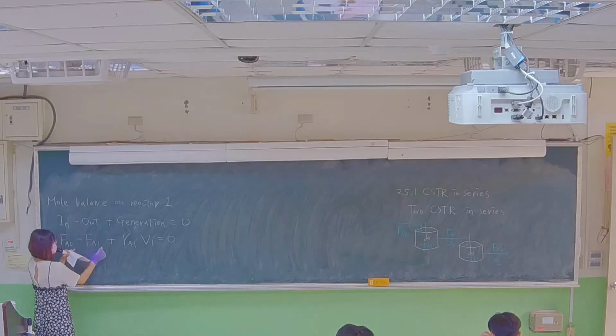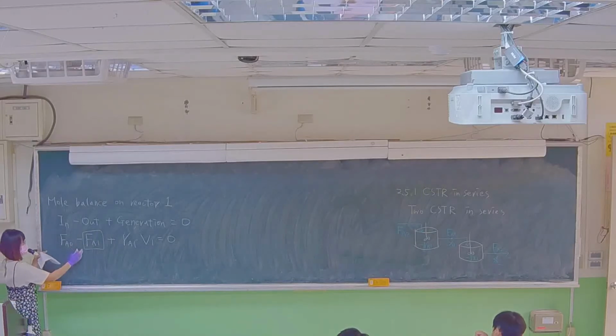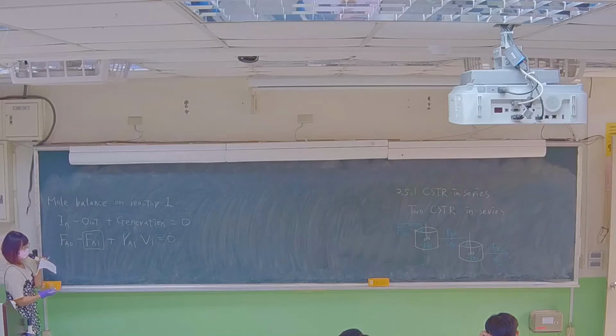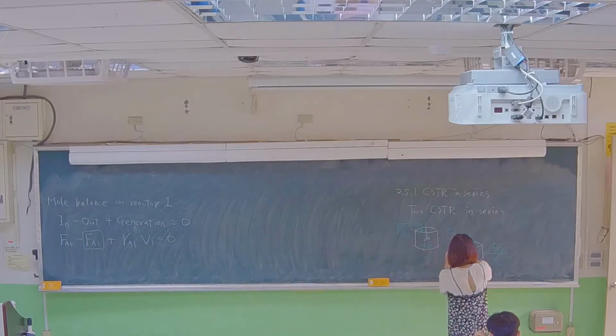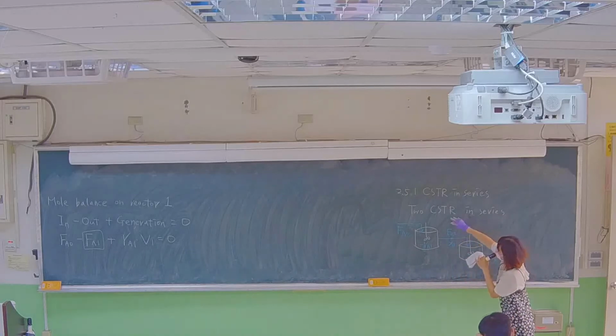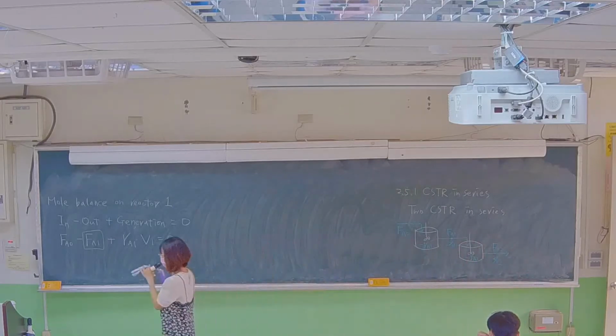Okay, so now I want to use another equation to replace FA1. FA1 is the molar flow rate in the middle of the series of CSTRs. So this is maybe harder to obtain.